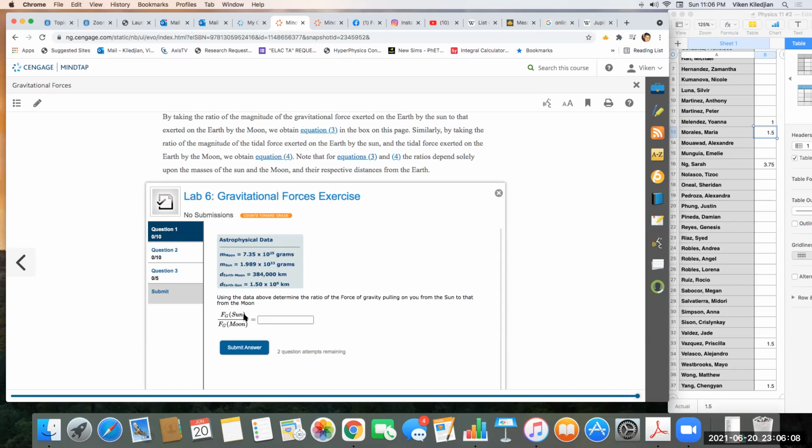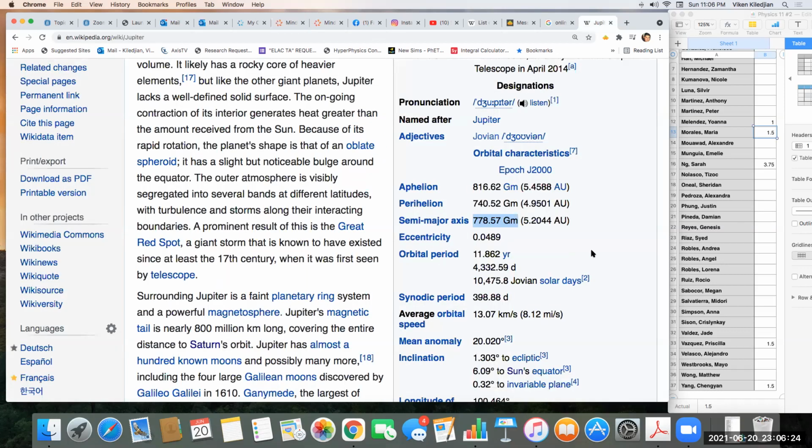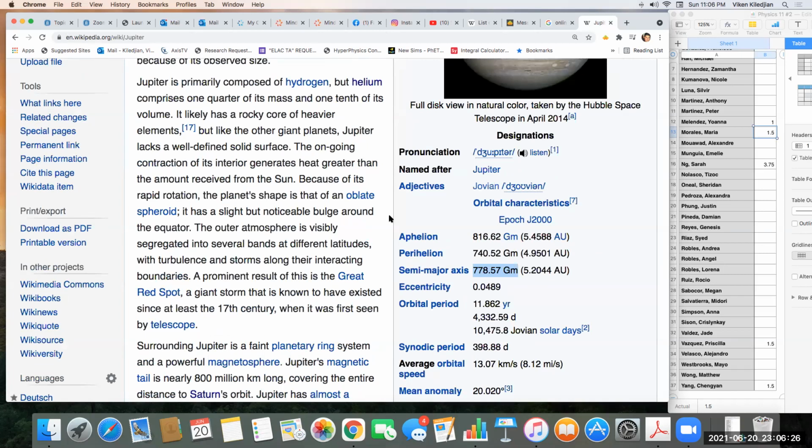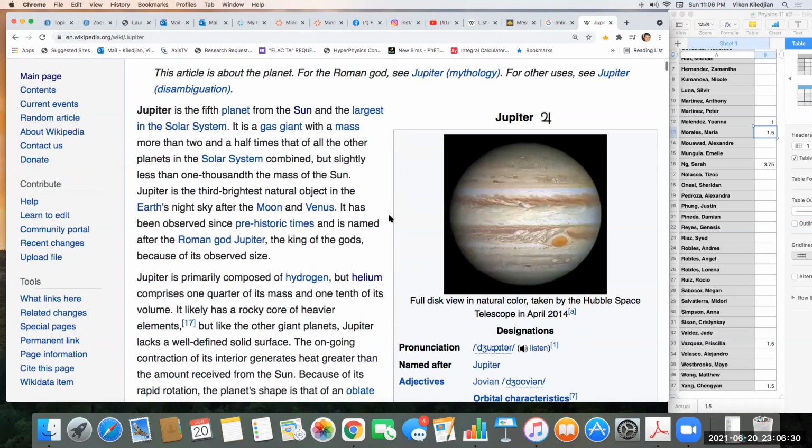The force of gravity on you from the sun. So we would need to know the mass of the sun and the Jupiter-sun distance, which we already know, right? And then we would need to know the Jupiter-moon distance. So let's go to the moon of Jupiter.